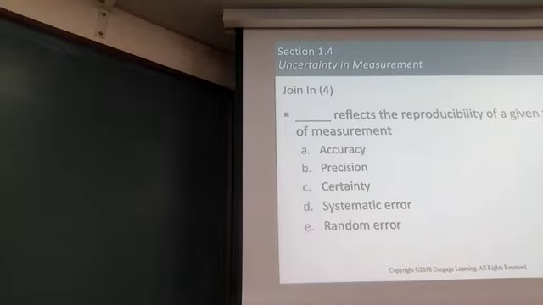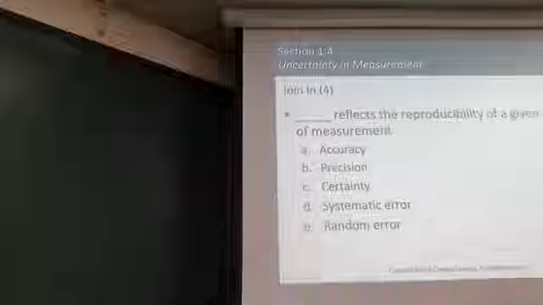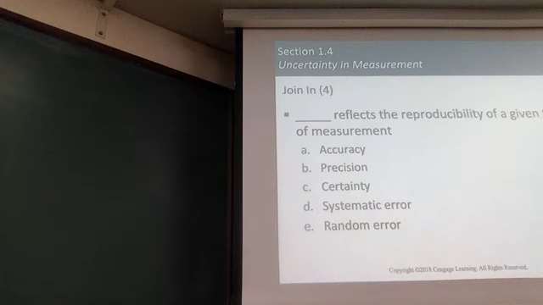So who thinks that accuracy affects the difference between different measurements? How about precision? Right, so precision is definitely right. I mean, precision relates to the spread of the measurements across several measurements. How does the number vary when you do another measurement, and so on. Certainty has nothing really to do with this.